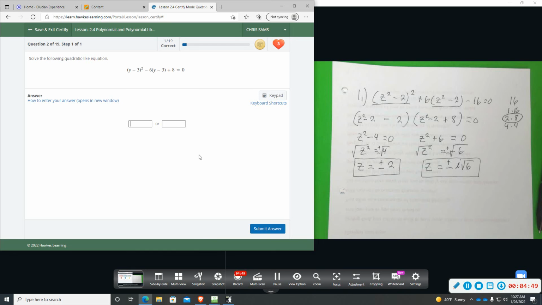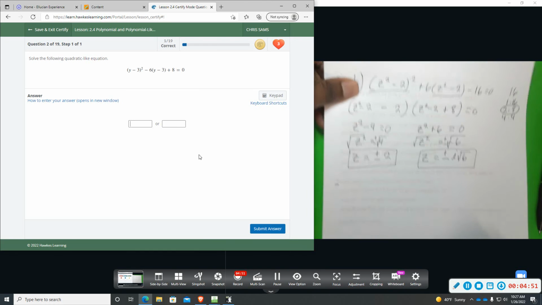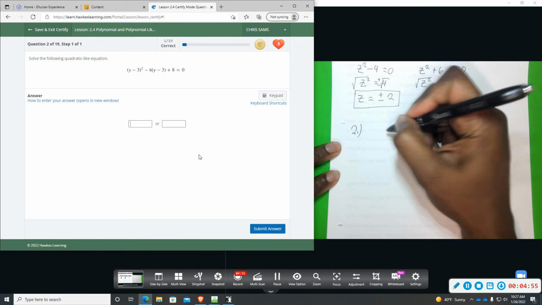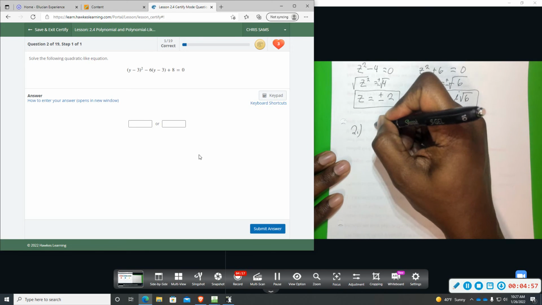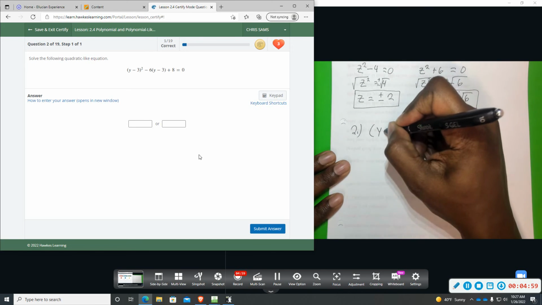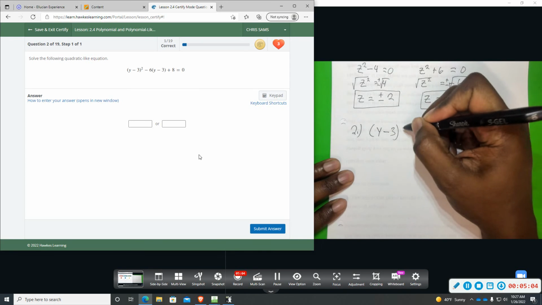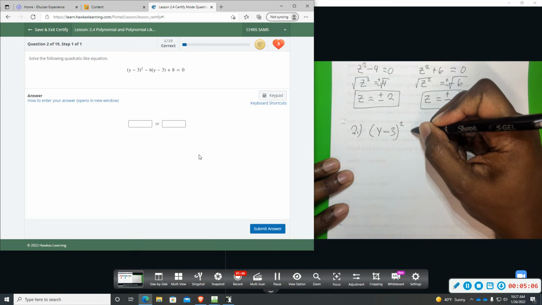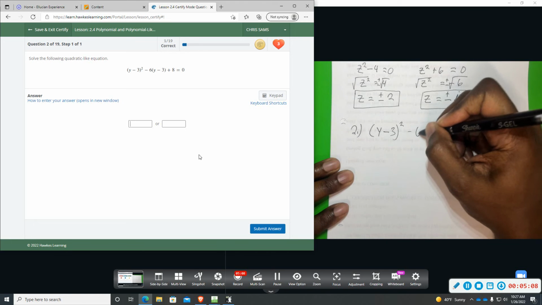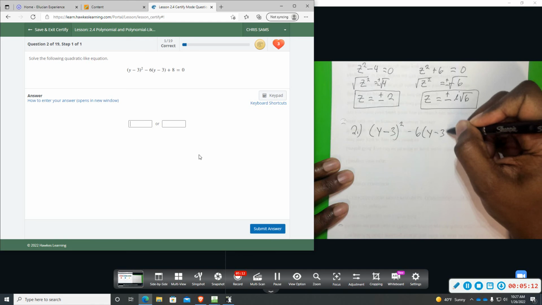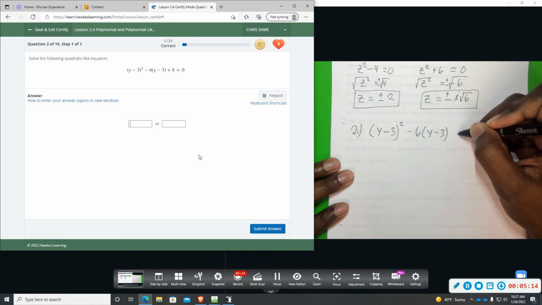Alright, number 2, going to work it the same way. We have parentheses y minus 3 squared minus 6 times y minus 3, and then plus 8.